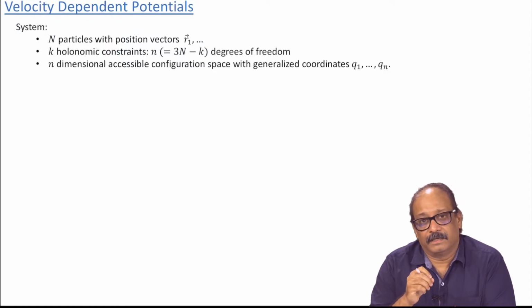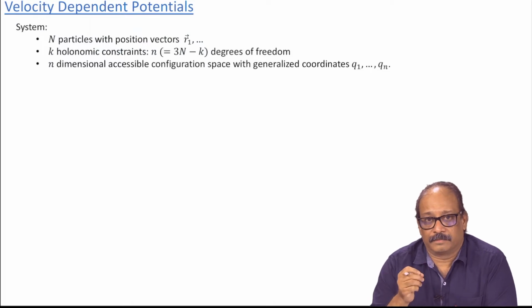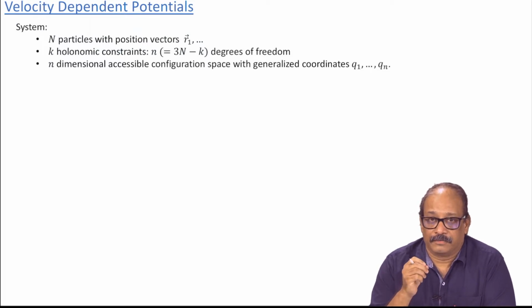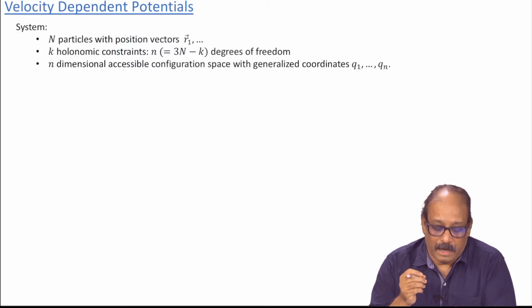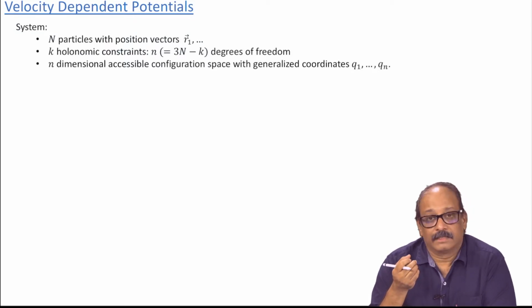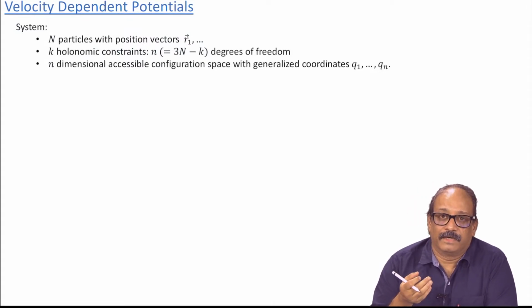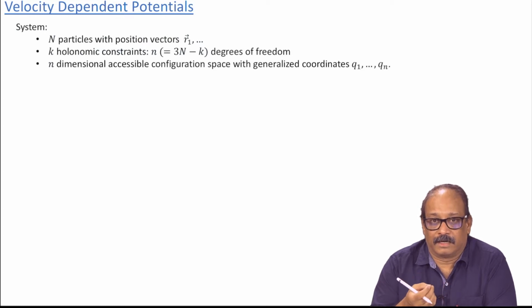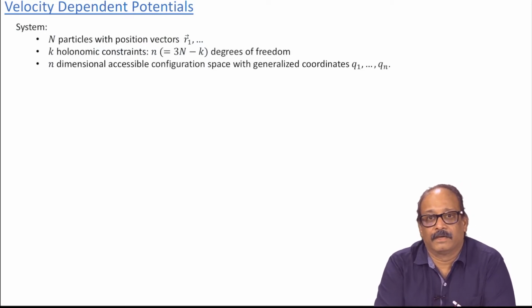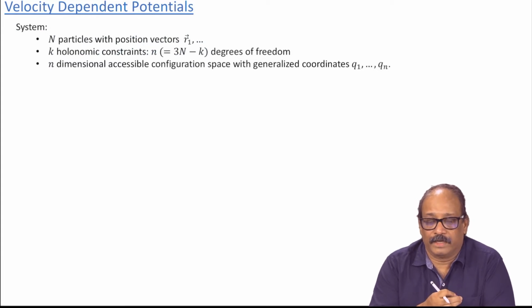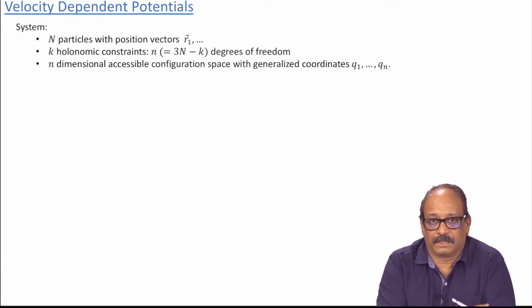That means eliminating k variables out of the problem, so that you have small n degrees of freedom, which is 3n minus k, and then this n dimensional accessible configuration space we will describe using generalized coordinates q1 to qn, and of course we have a transformation from q variables to the original position vectors.